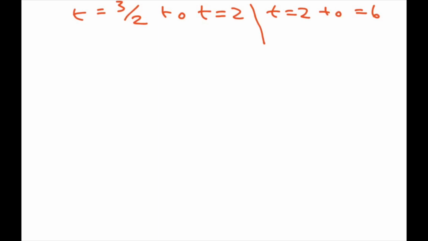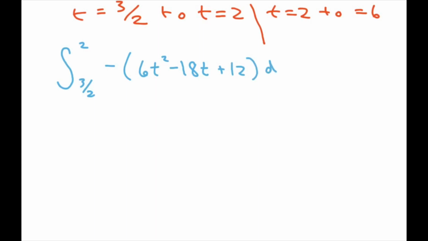So basically we set up our integral, and we're going to have 3/2 to 2, and that's going to be to the left, so that's negative, the integral of 6t squared minus 18t plus 12 dt.